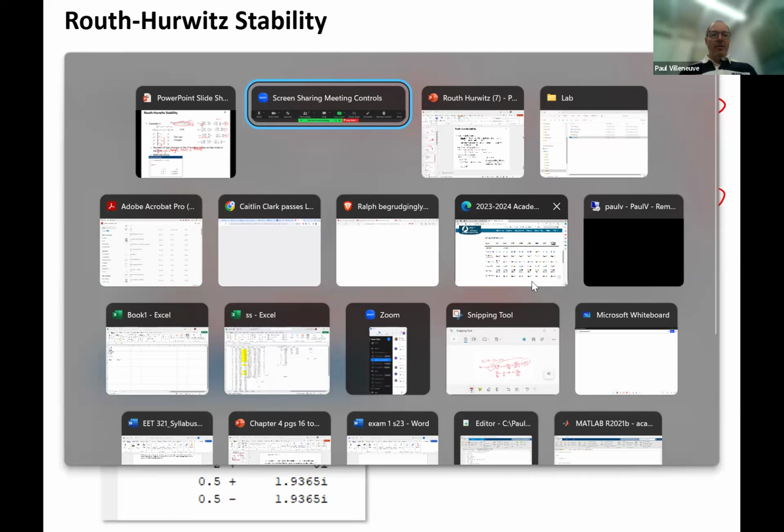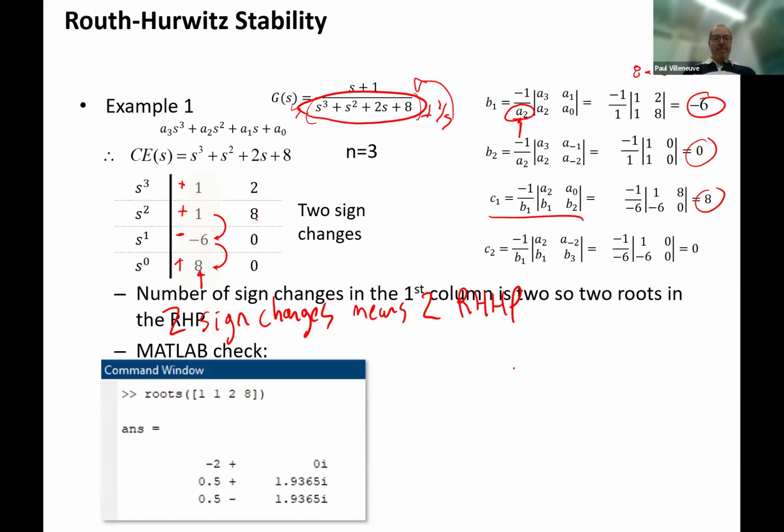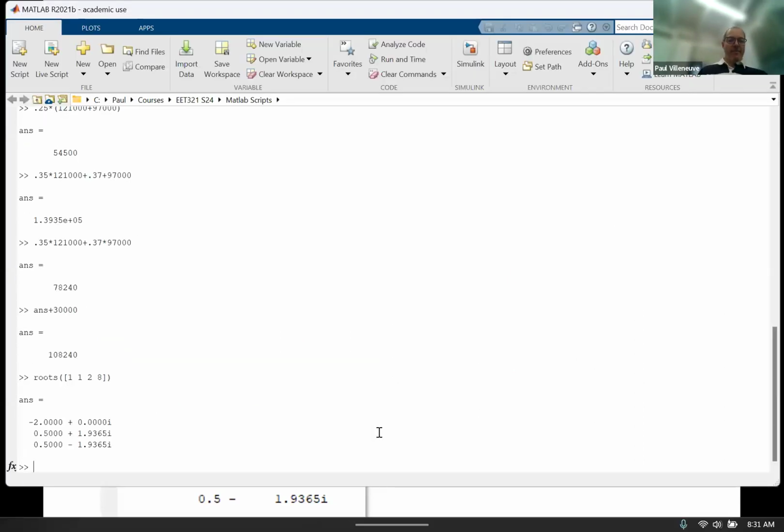First off, we'll do the roots, if I can ever find where MATLAB is. So roots, we'll just do it again, just so everybody can see it. 1, 1. Was it 6 and 8? Or 2 and 8? Let me just double check. Okay.